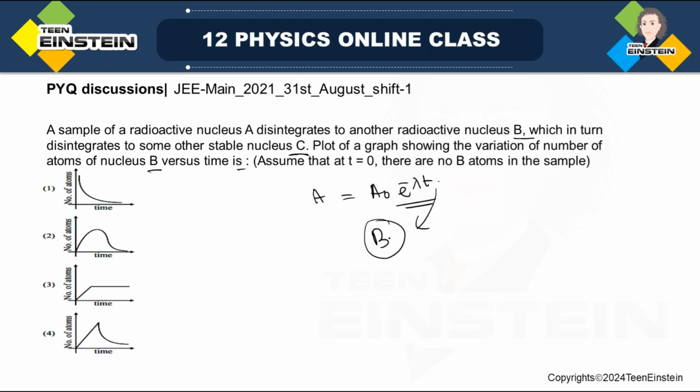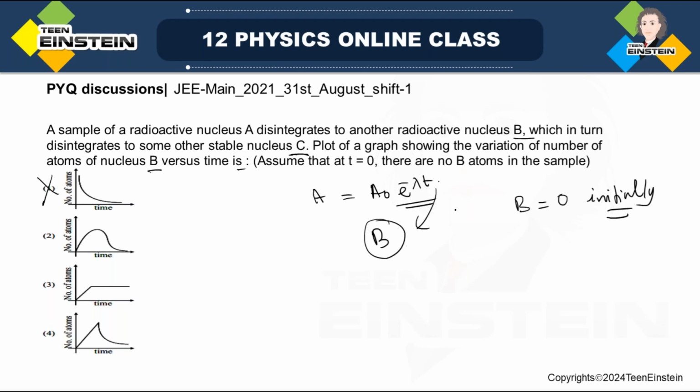So this one I can strike out, because initially it is showing a very large number, whereas I know the number of B nuclei will be 0 initially, until the decay occurs. So all these three are showing 0.